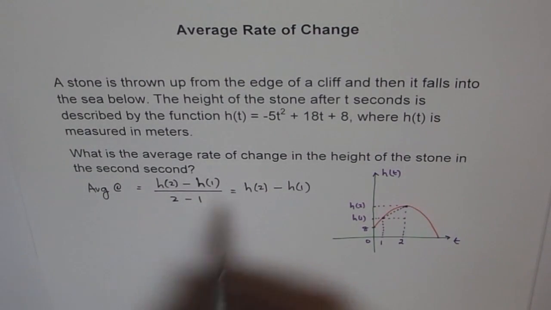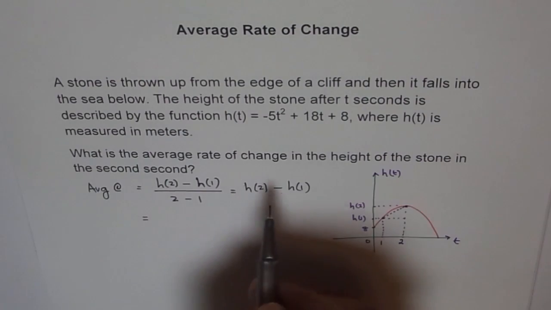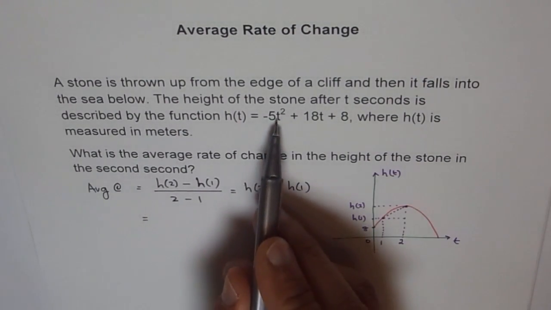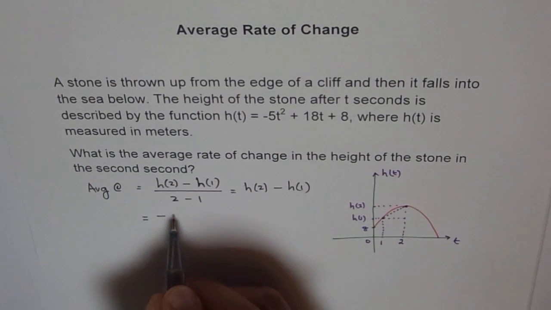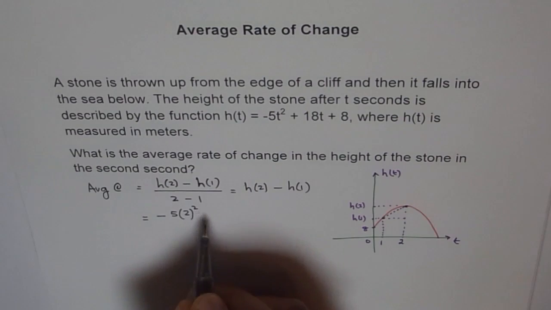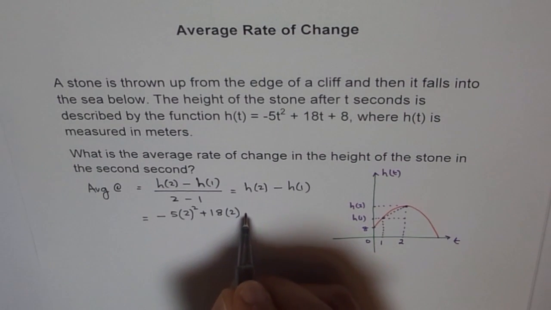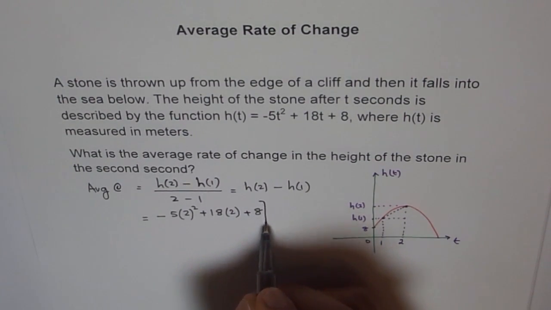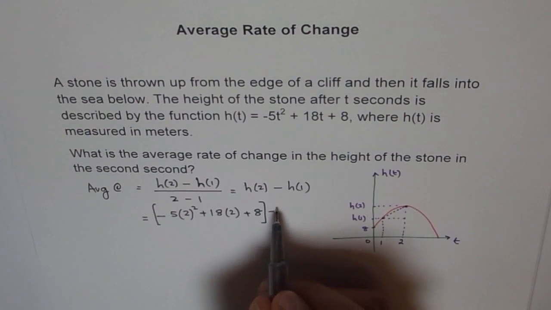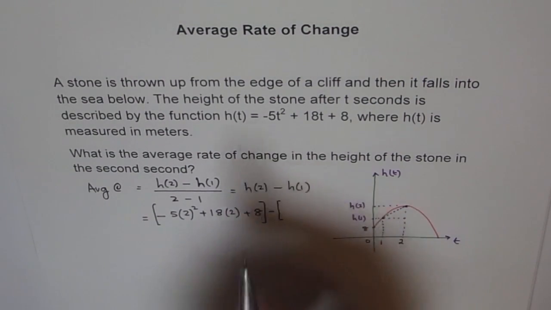So what is h of 2? Height when time is 2. We can plug in 2 here and we get minus 5 times 2 square plus 18 times 2 plus 8. This is h of 2. We can put it in square brackets, so that it's very clear. Minus h of 1: we can put 1 here.